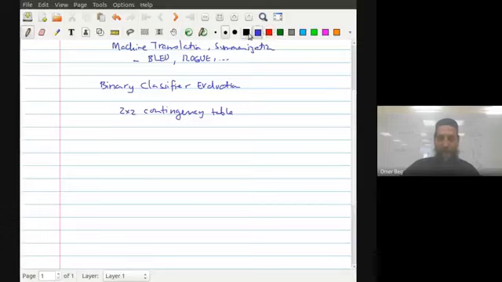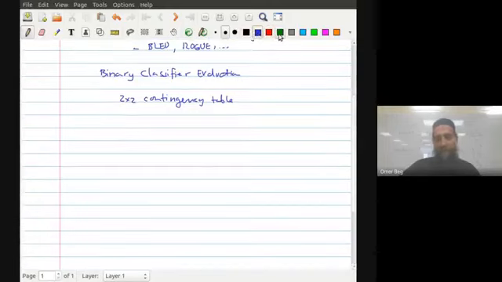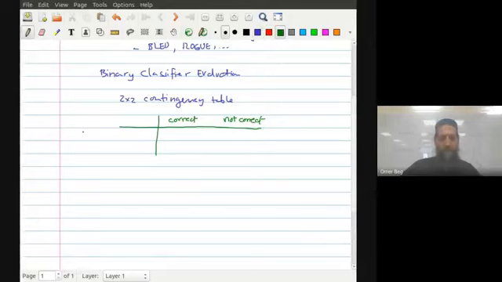This is how it's drawn. It's a 2 by 2 matrix. You have the correct samples and the not correct samples. Correct samples are the positive samples, and not correct means negative samples or not positive samples.